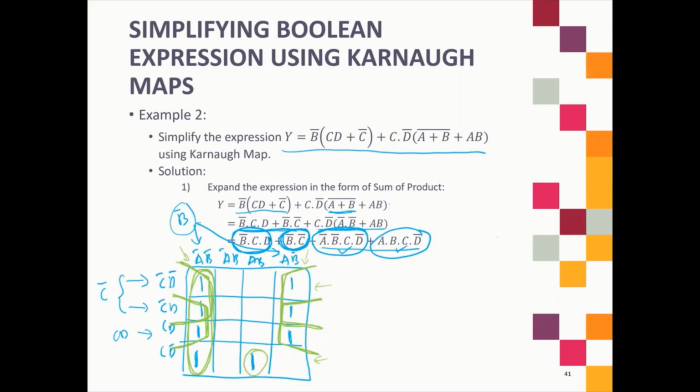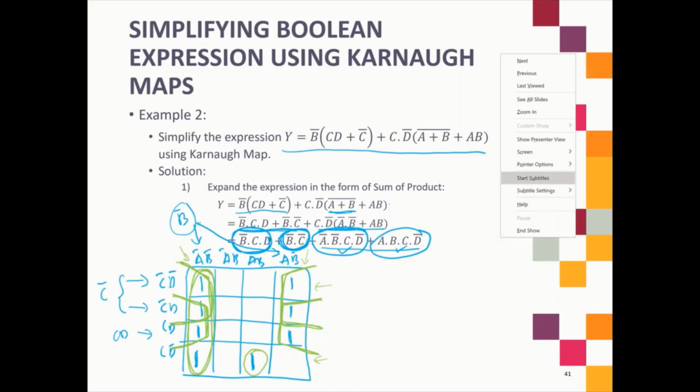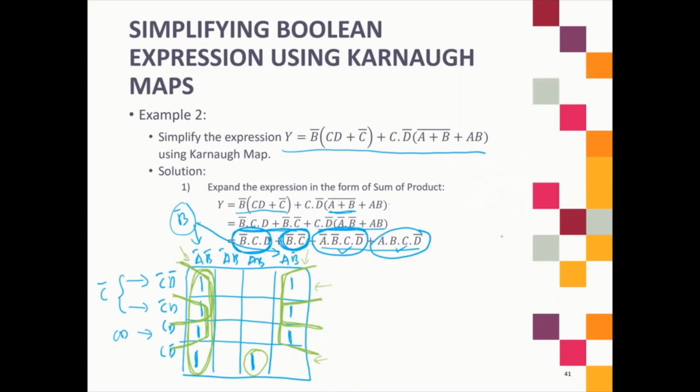Alright, so now you can proceed with the simplified terms. What are the simplified terms? The first looping is A bar and B bar. Then this looping is B bar and C bar.